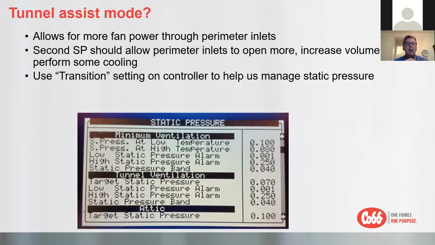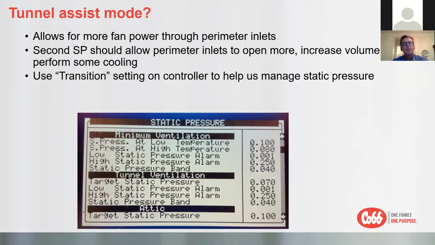So how are we utilizing the system? In the final stage of transition, most of the new controllers today will allow you to utilize the tunnel inlet along with the perimeter inlets. What we tend to see more and more is, instead of moving straight from transition mode into tunnel mode, we have what we call an in-between mode. It's called a tunnel assist mode.